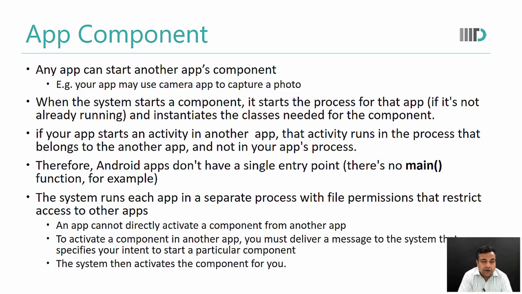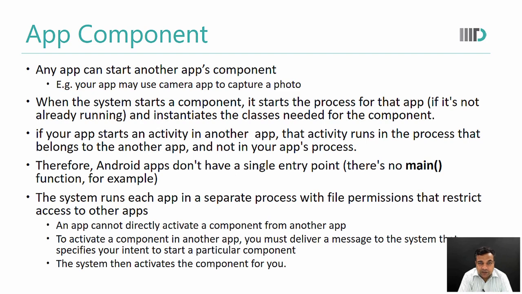Due to this feature, Android apps do not have a single entry point, because as you may imagine, an app's component can be instantiated by any other app. So there is not a single entry point. A camera app may have many components, and these components may be initiated in a different order by different apps.